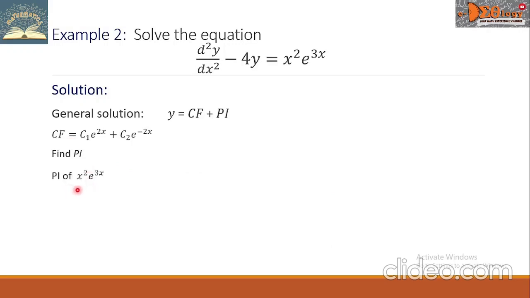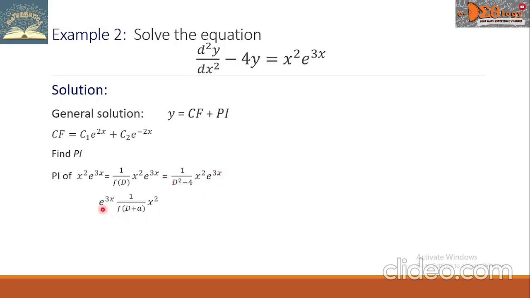The PI of x squared times e raised to 3x is given by the formula 1 over f of capital D times x squared times e raised to 3x. Let us substitute the value for f of D. We have this D squared minus 4. Remember, this is the operator for our equation. Next thing to do, we're going to put this e raised to 3x in the front.